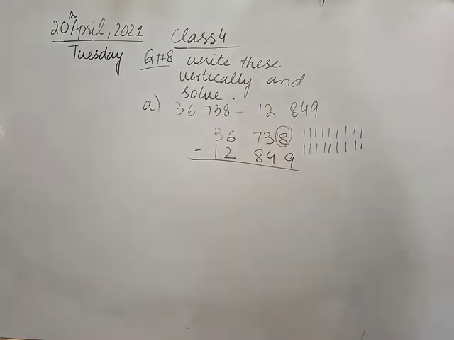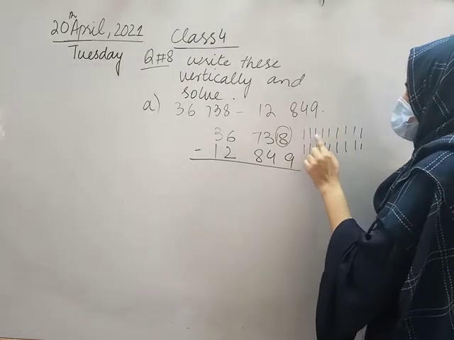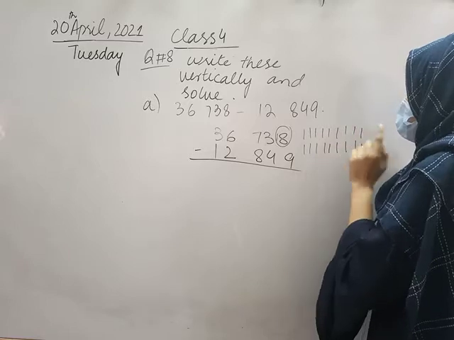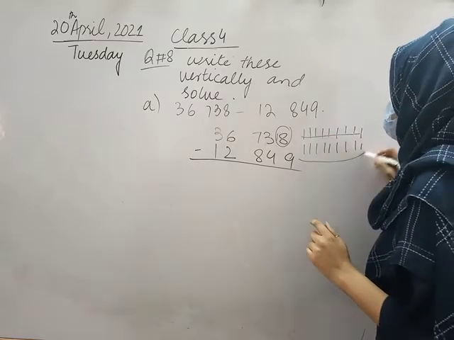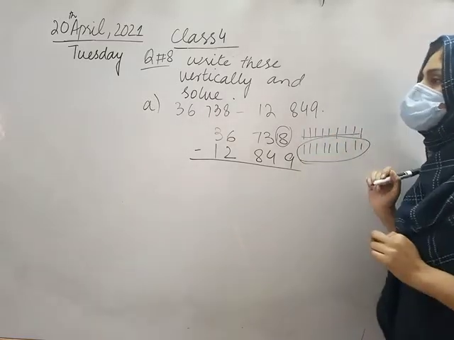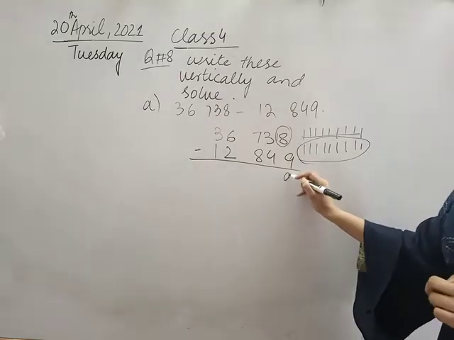Okay, these are 18 in total and I want to subtract 9 from it. 1 2 3 4 5 6 7 8 9. 9 मैंने subtract कर दिए, so how many are left class? Very good, 9 in total.